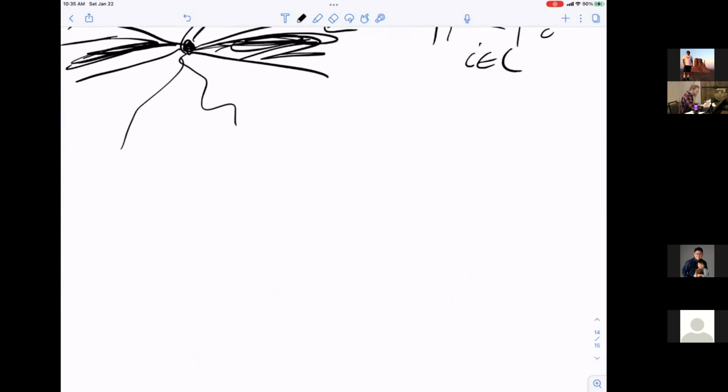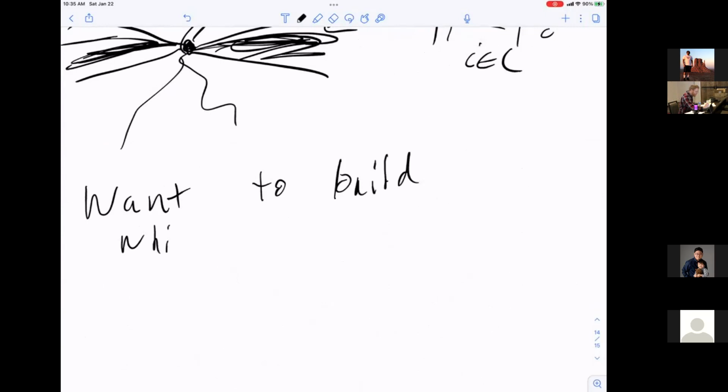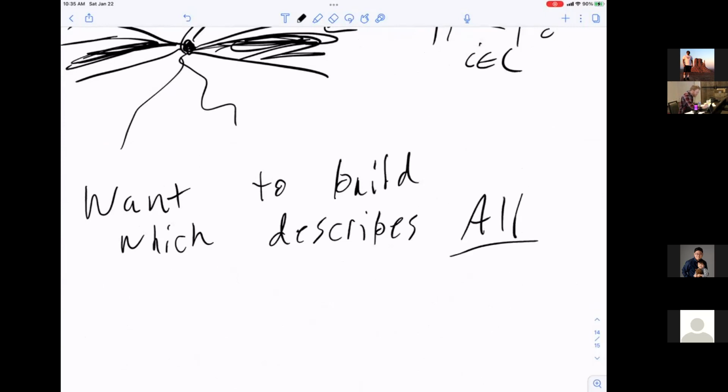And what do I want to do? I want to build an operator which describes all 2-jet Higgs decays.